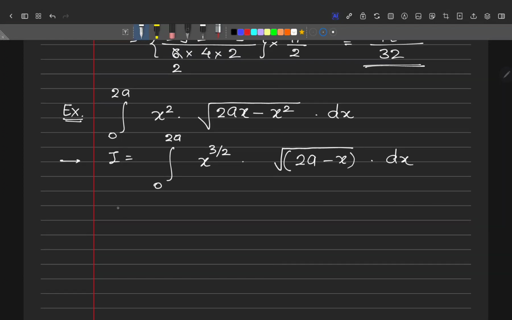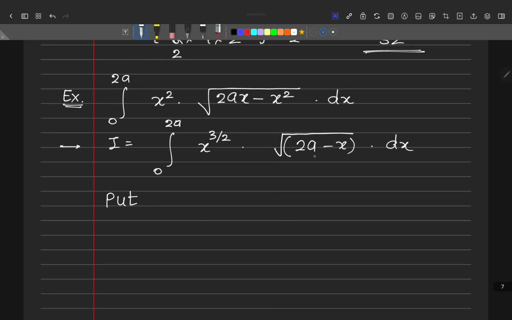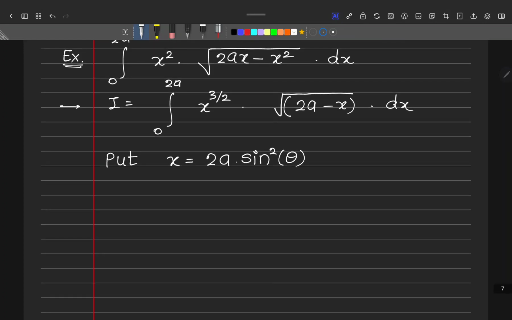Now we can use substitution here. Look, we can convert this integration into beta function form as well. If you know the beta function, then you can solve it by using the beta function, or you can convert it into trigonometric form. So what do we do here? We put x equal to 2 times a into sine square theta because of this term.